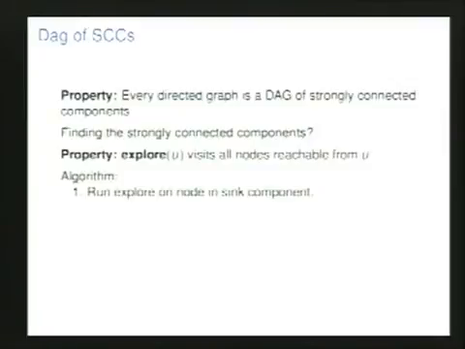So if you just run explore on a node in the sink component, which nodes do you find? All the nodes in the sink component. Then you output the visited nodes, and then you repeat.